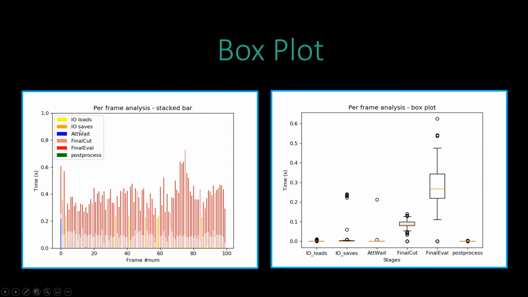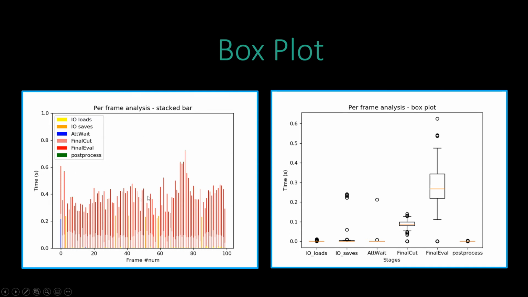I had to load something, I had to wait for something, I had to cut it, evaluate it, post-process it, and then save it. And so just to show these, you could always look at these plots. And what was happening there was that sometimes something was slowing it down, right? I was trying to figure out, okay, there is something happening here. I don't know what this is, but there is something messing up my statistics. Well, this is almost impossible to read.